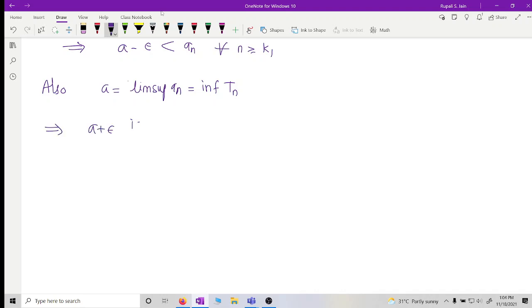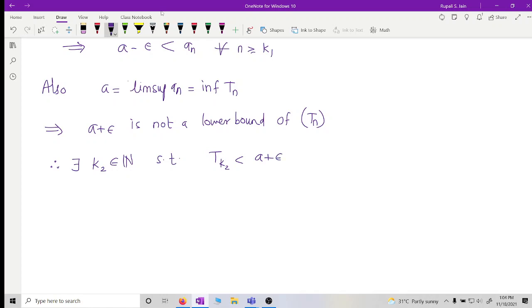So what can I say about A plus epsilon? A plus epsilon is not a lower bound of capital T_n. Therefore, there exists at least one term of that sequence, so there exists a natural number k2 belonging to N such that t_k2 is strictly less than A plus epsilon.